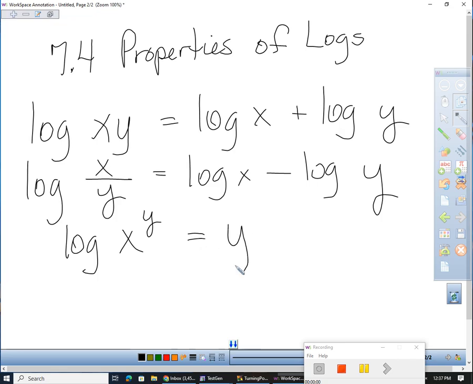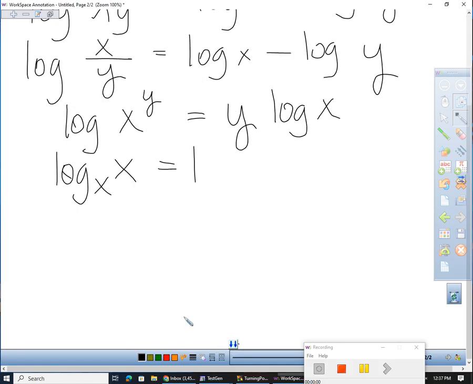So this is y times log of x. So when you have an exponent right here, we get to move it to the front. And the last property I want to talk about is any time you have the log of a base and behind it's the same, it equals 1. Those are our four properties.